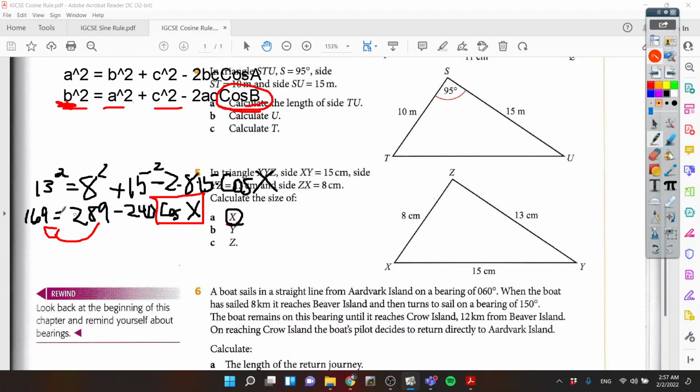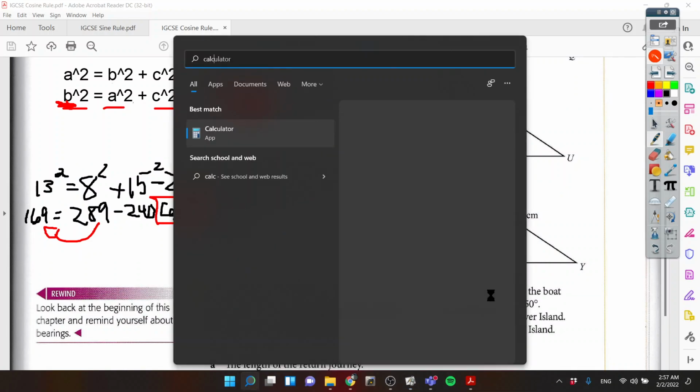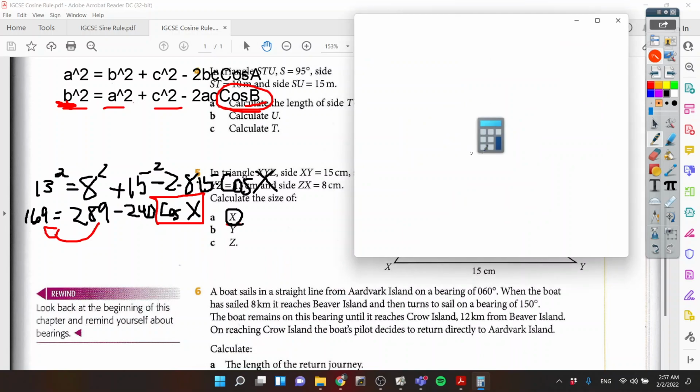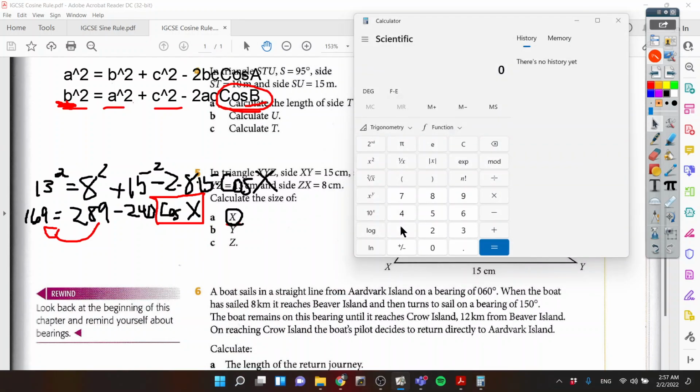So 169 minus 289, well, I closed my calculator. 169 minus 289 is negative 120, so I get negative 120 equals negative 240 cosine x. And then the weird stuff is here.